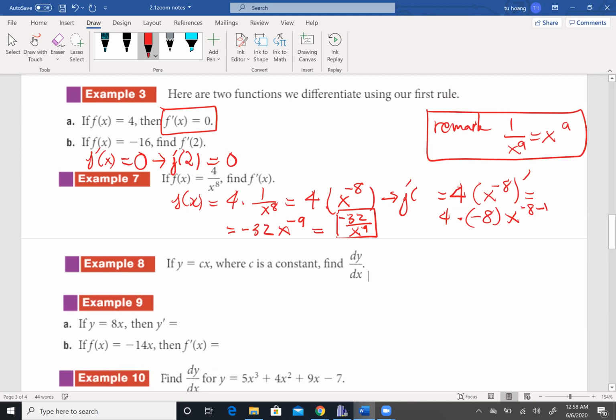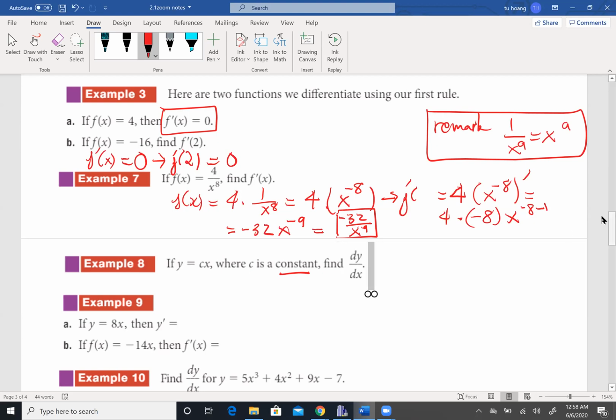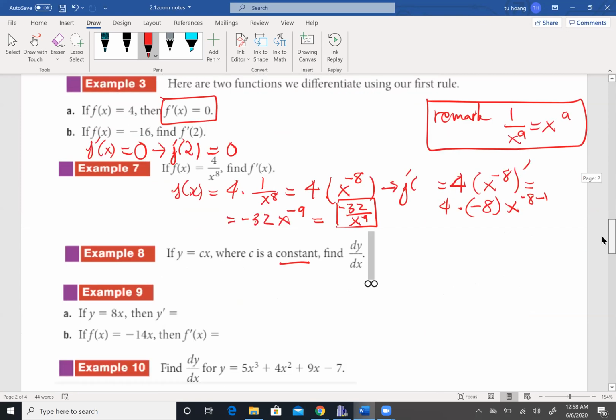Coming to 8, I note that in this case I have y equal to cx, and they give me that c is a constant. So I will apply the case of a constant multiplied with a function, right? Again, you just keep the constant and take the derivative of the function.